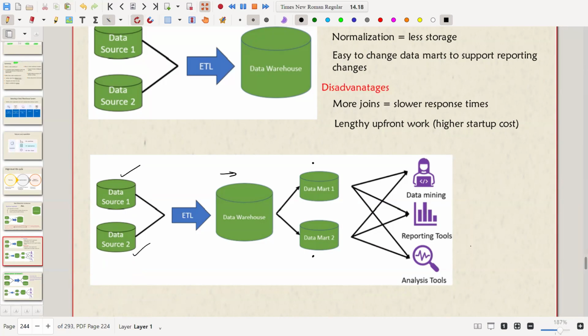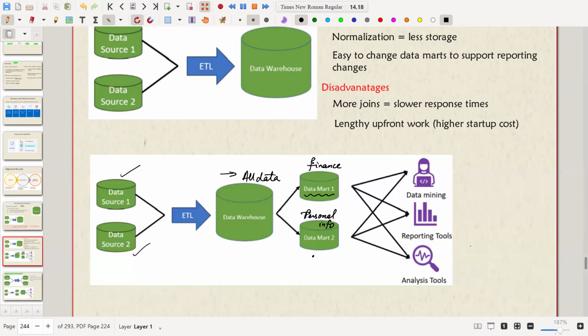After you have all the data here, you decide, yes, this is finance, this is personal information, and then it goes to different data marts. After you have a chunk, you decide which department it will go to.